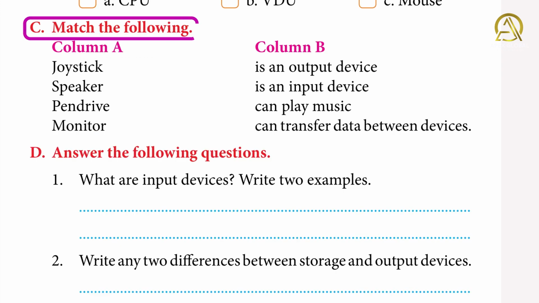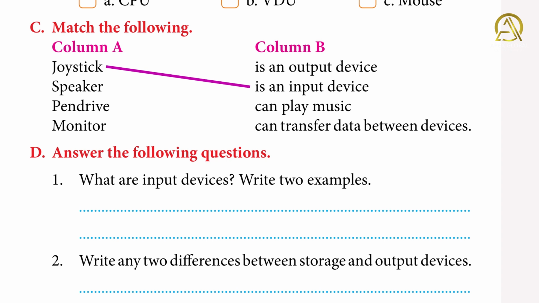Match the following. Joystick: is an input device. Speaker: can play music. Pen drive: can transfer data between devices. Monitor: is an output device.